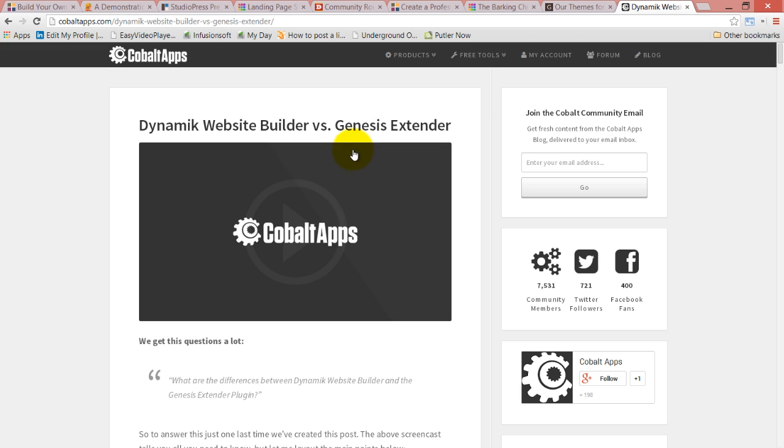Okay. Dynamic Website Builder versus Genesis Extender. Dynamic Website Builder is a premium child theme that gives you a great deal of control over the layout and style of your site. The Genesis Extender plugin can sit beside it. You can install it with any child theme, and it gives you a similar kind of control over what things look like.